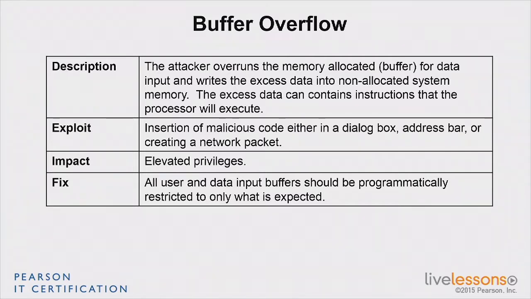The impact generally is elevated privileges because these are instructions that are going to be sent directly to the processor. The fix is that all user and data input buffers should be programmatically restricted to only what's expected. We've referred to that earlier as input filtering or data filtering.